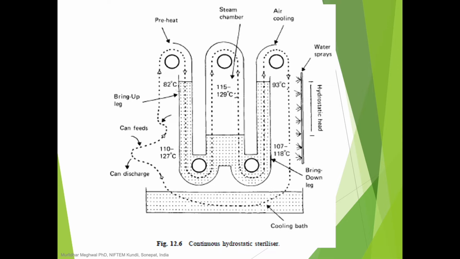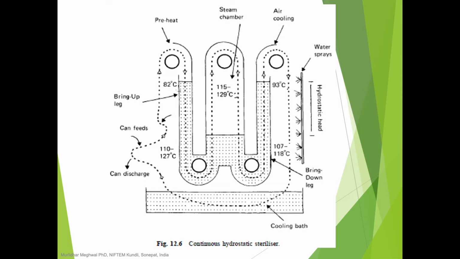This is for a continuous hydrostatic sterilizer. Here you can see the can feed, which is the raw material that has to be sterilized. Then it is taken to the preheat section.